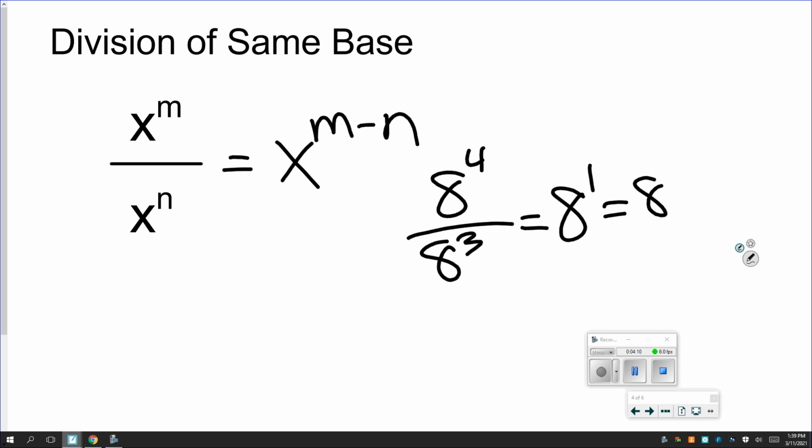If I had letters or variables, let's go with c to the 7th divided by c to the 3rd. Base stays as c, 7 minus 3 will give me 4. So that would be a simplified version of that.